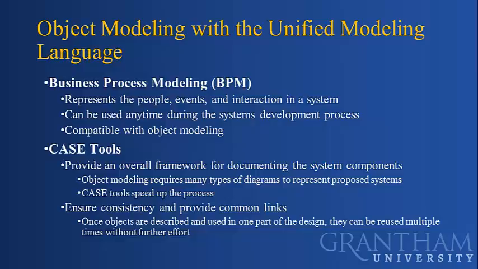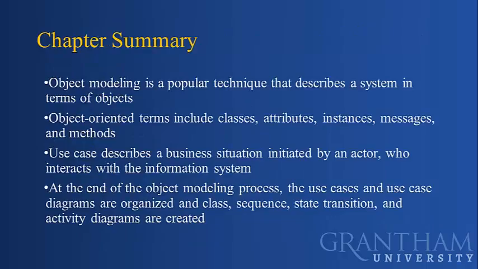CASE tools speed up the process, ensure consistency, and provide common links. Once objects are described and used in one part of the design, they can be reused multiple times without further effort. For more information about object modeling with the Unified Modeling Language, refer to Chapter 6, pages 186 to 194.